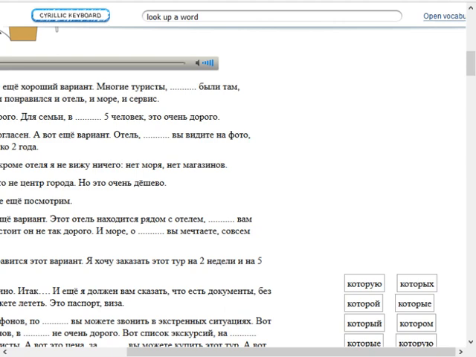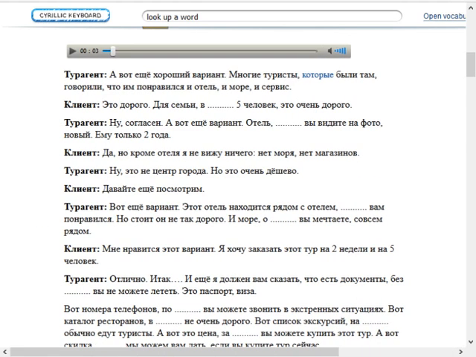So the first one is которые. Много туристы, many tourists, которые были там, who were there, говорили, что им понравился и отель, и море, и сервис. So, the first part of the sentence, многие туристы, means many tourists, and then it says которые были там, who were there. Again, we see that the word которые doesn't function without context.